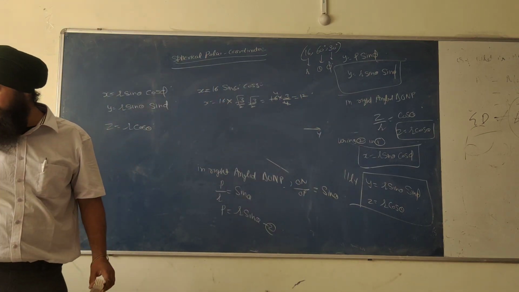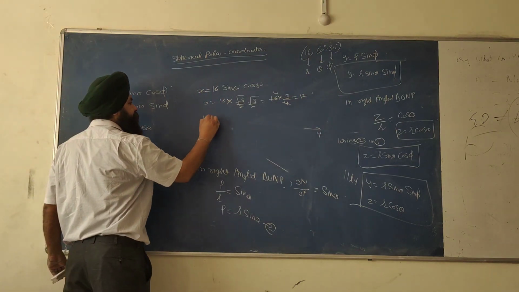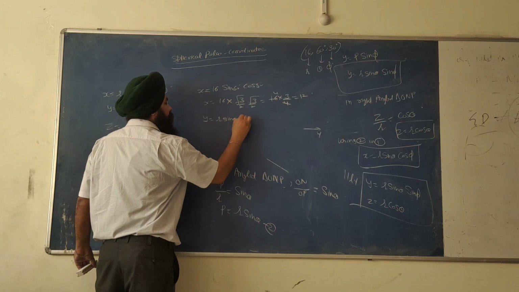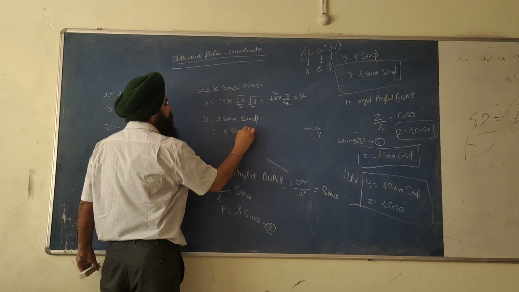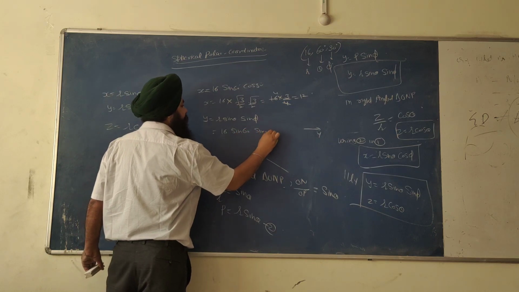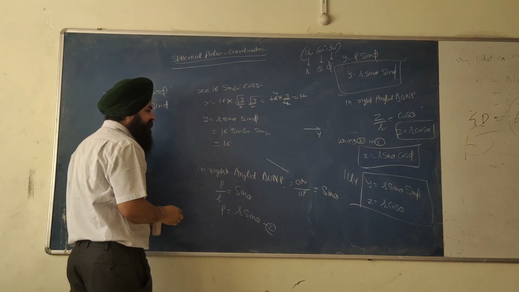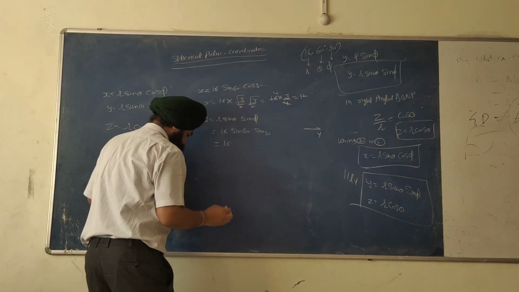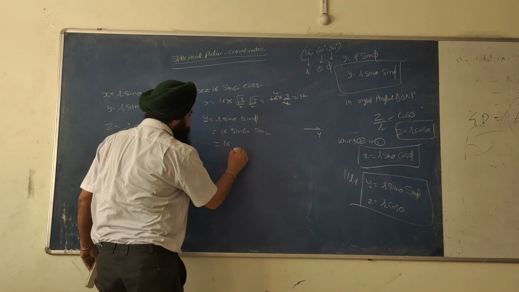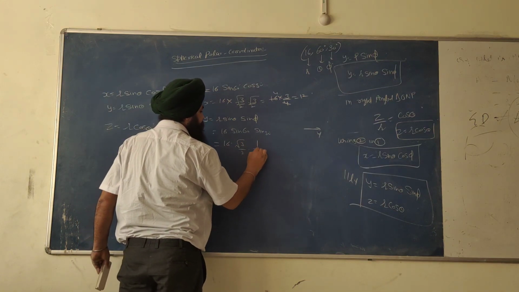What's the value? 12. y is equal to r sin theta sin phi. What is r? 16. Sin 60, sin 30. What is sin 60? Root 3 by 2. What is sin 30?